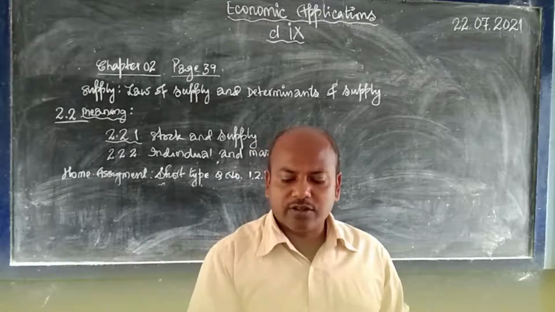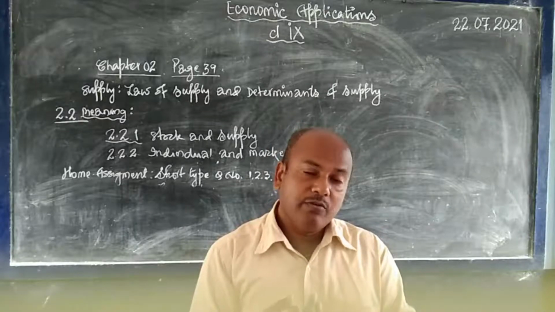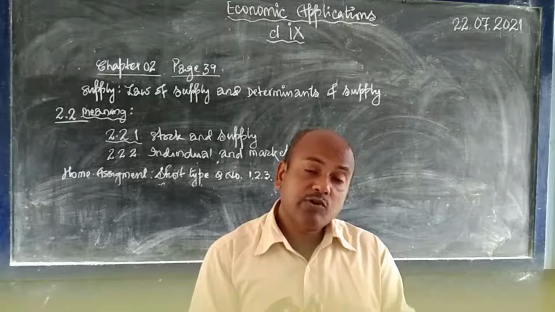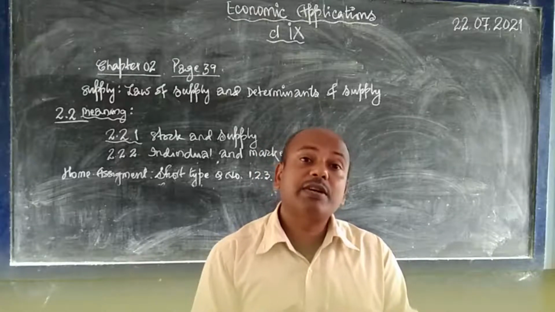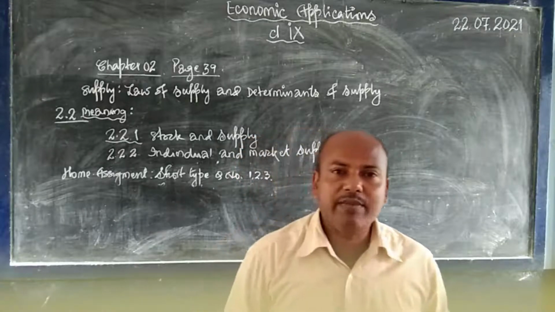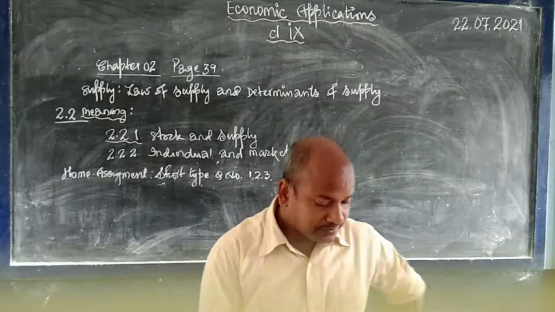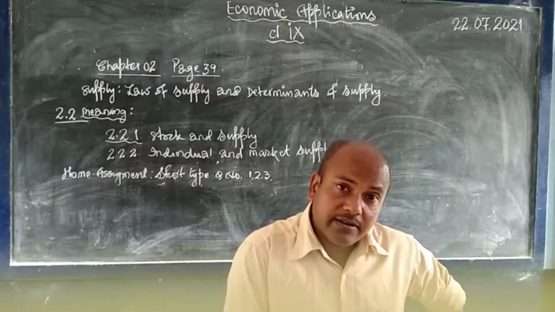Now in this definition you must have noticed there are three things: willing to produce and offer for sale, and apart from this there is at a particular time, and price is also mentioned. So price and time has to be mentioned when you define supply.